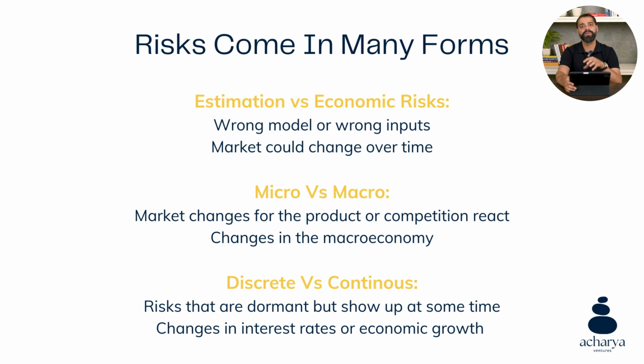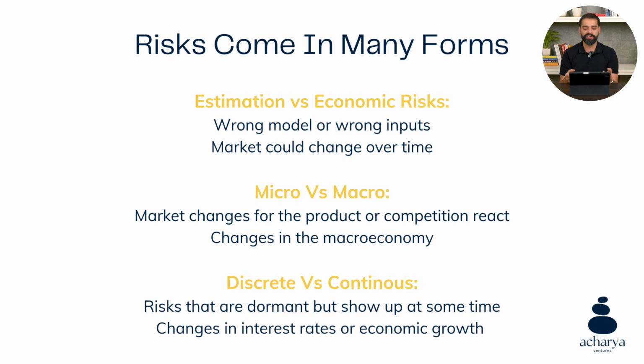Then there could be some risks which are discrete versus some which are continuous. Discrete risks mean risks that are essentially there, hiding, and they could come up at any point of time. Let's say some regulation, some law changes. These are risks that are there for your company, but they're not immediate. They could come up at any different point of time.